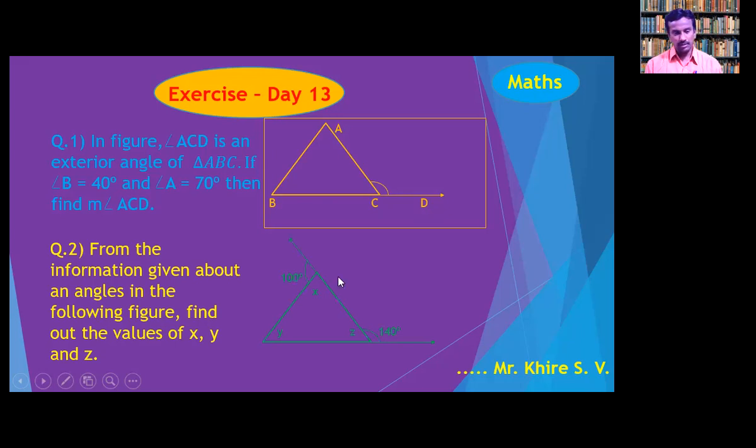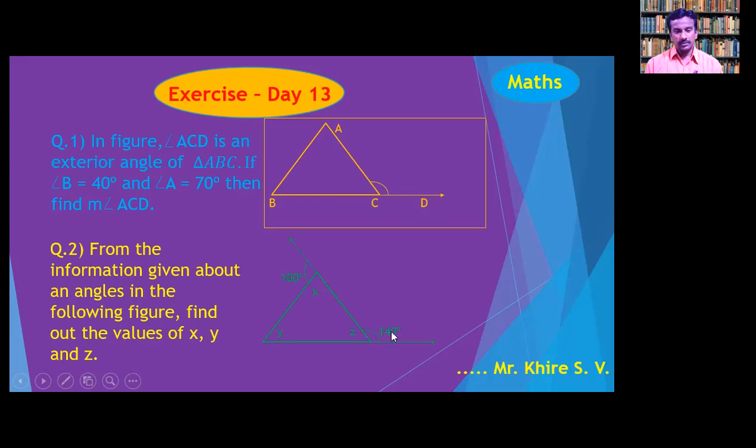You have to find the values of x, y, and z, which means the measures of all the angles of this triangle.